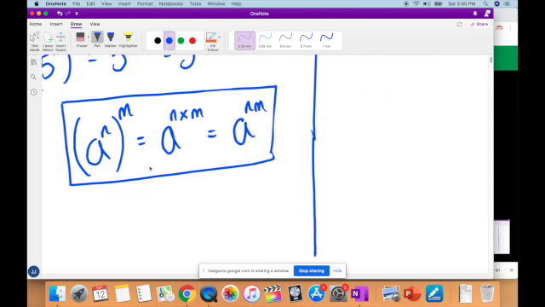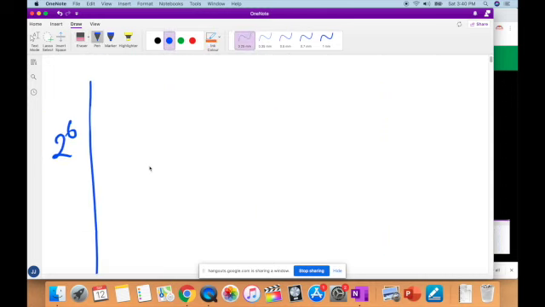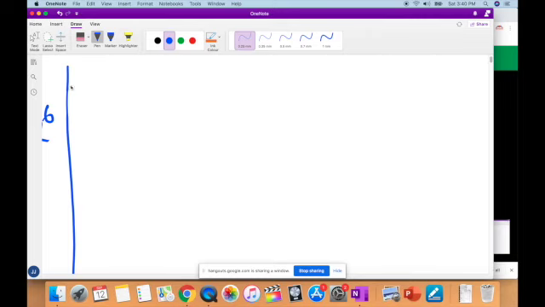But we're going to take a detour first to remember a couple of things. If I just have a number, just a random number, what is automatically the power that is supposed to be here? 1. Yes. So 3 to the power of 1 is 3.